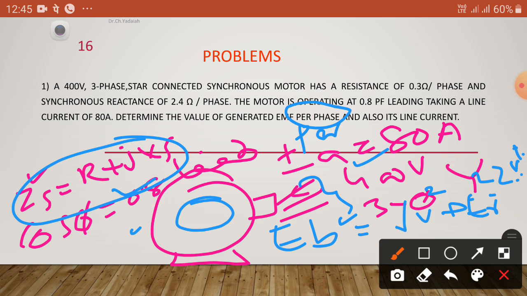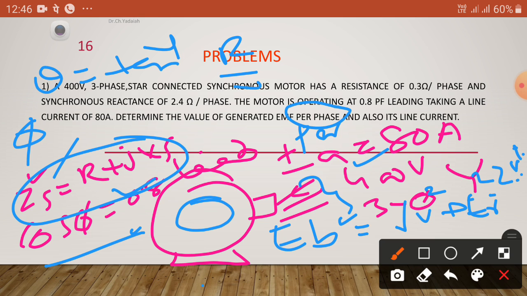Theta plus phi, for over excitation, leading power factor. So here the power factor is given, so phi is a known value, and theta we calculate as tan inverse of R by Xs. This also we know, so theta is also known.